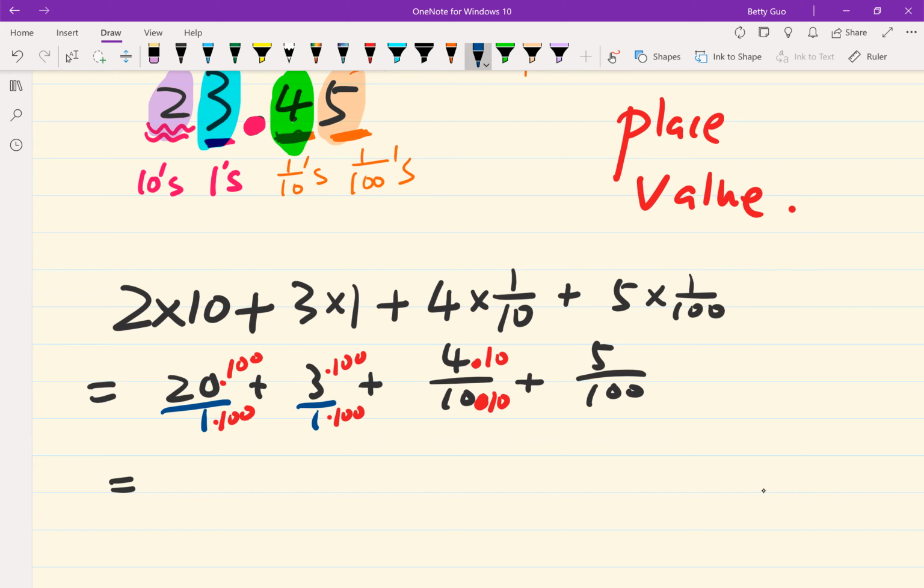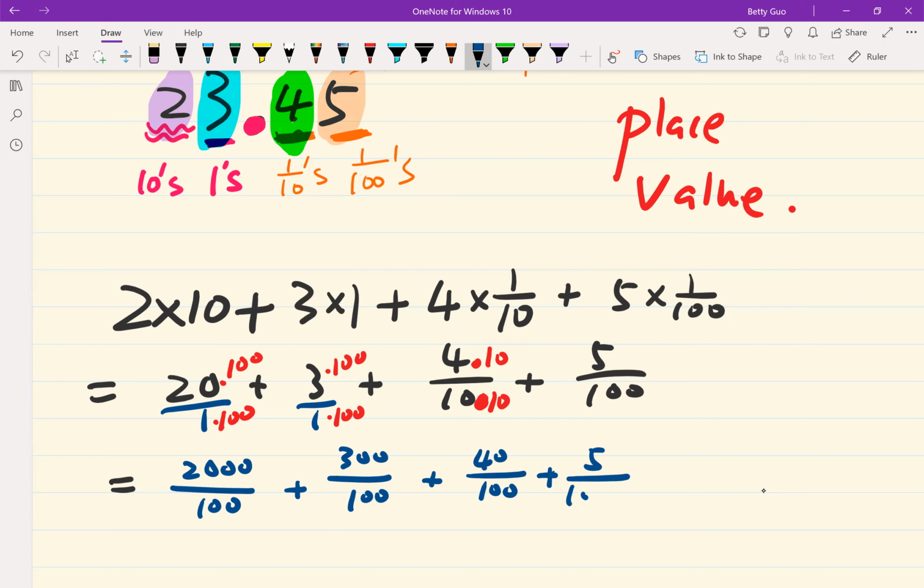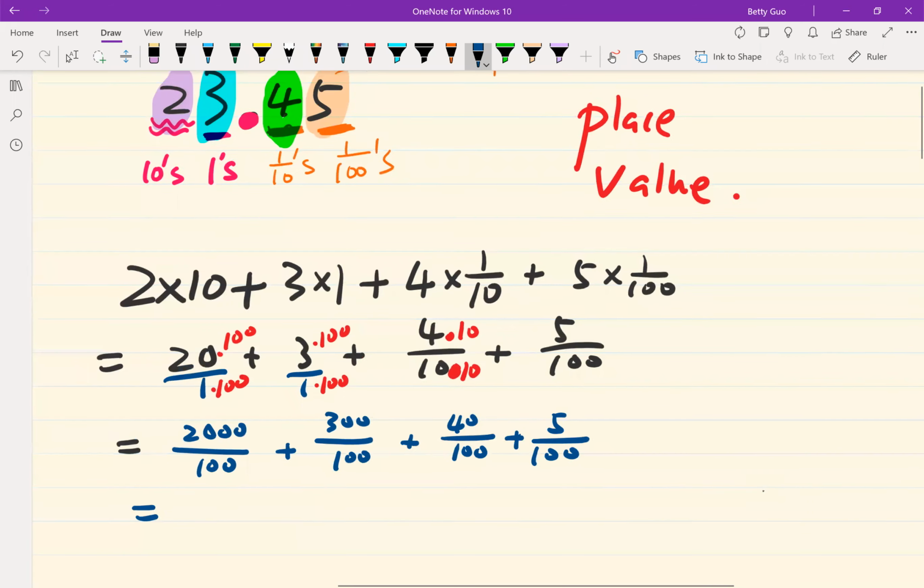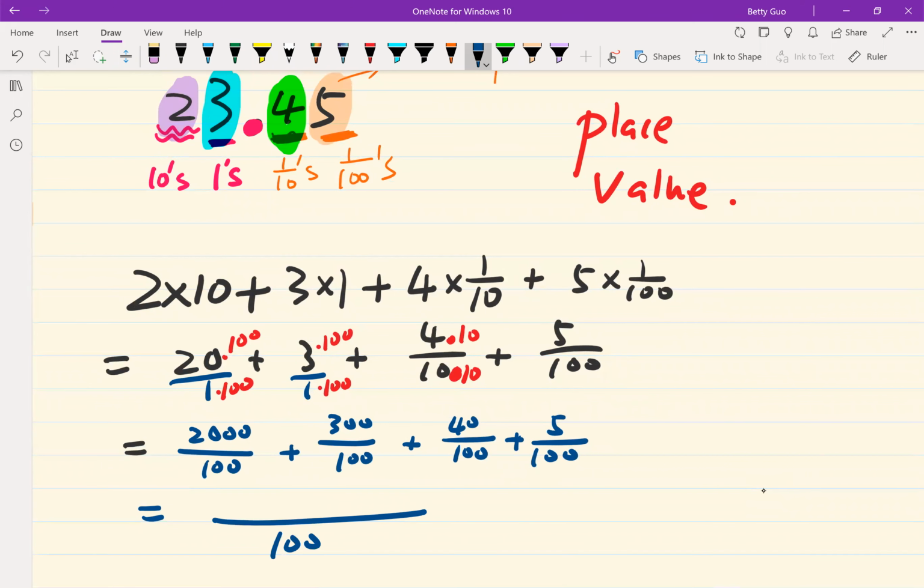And then we would have in the numerator 20 times 100 is 2000. 3 times 100, 300. 4 times 10, 40. 10 times 10, 100. And then 5/100. When they have the same denominators, we keep the bottom, solve the top. 2000 plus 300 plus 40 plus 5.